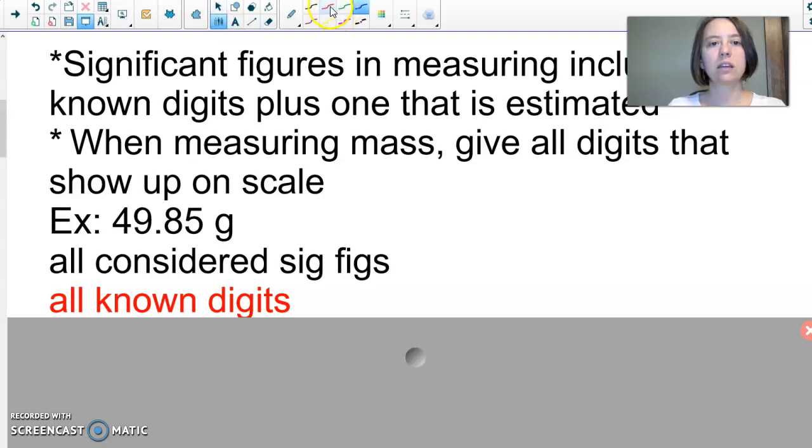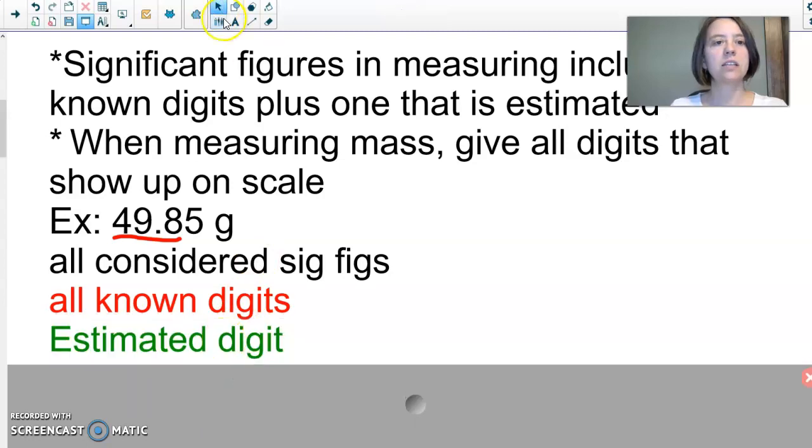So I'm going to get an underliner, and we know that these three are known digits, and then the estimated digit is this last one right there. So in measuring, you include all known digits plus one that is estimated, and that gives you your significant figures when you are measuring.